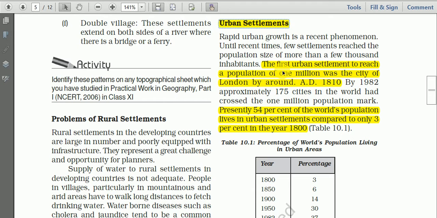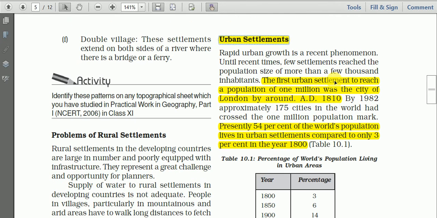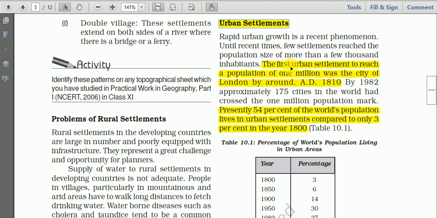In this paragraph you will find some features, facts and figures of urban settlements. So here is an important line, an important feature. The first urban settlement to reach a population of 1 million was the city of London by around AD 1810.